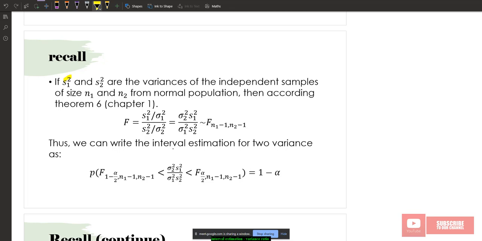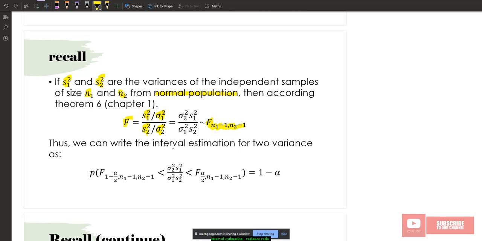If we have sample variance 1 and sample variance 2 from independent samples of size n1 and n2 from normal populations, then the ratio of sample variance 1 over population variance 1, divided by sample variance 2 over population variance 2, follows the F distribution with n1 minus 1 and n2 minus 1 degrees of freedom.